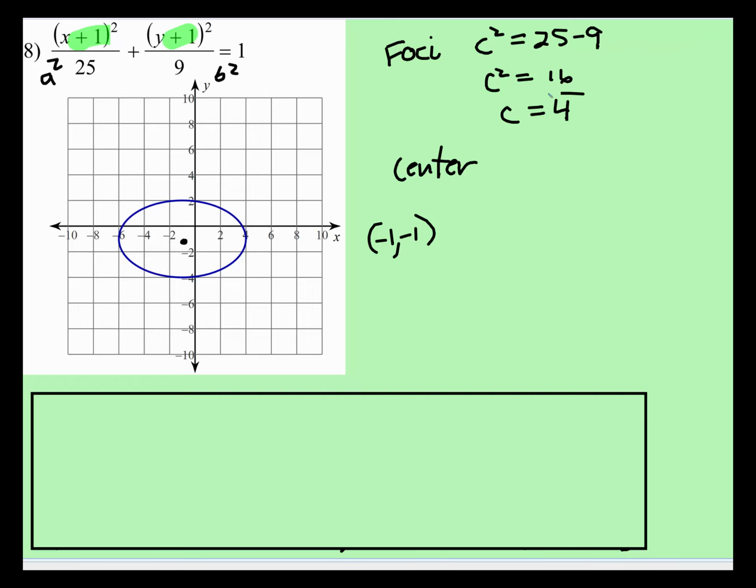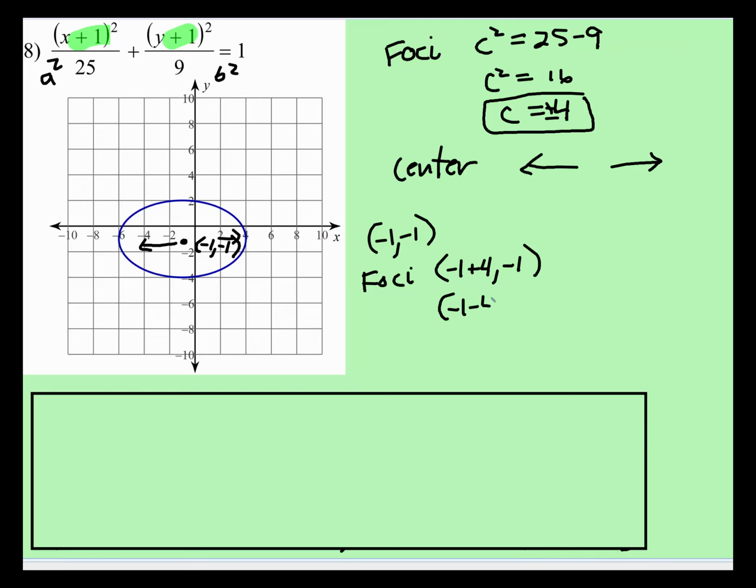And then notice we're going to go 4 values to the right and 4 values to the left. So right here at (-1, -1), we're going to go this way and that way. So the foci will be -1 plus 4, and the y value stays the same, and then -1 subtract 4, and the y value stays the same.